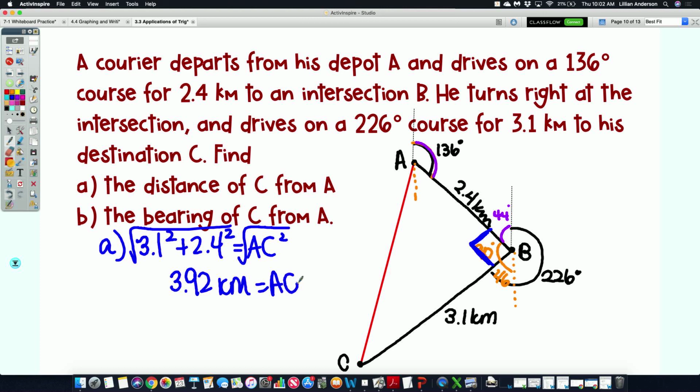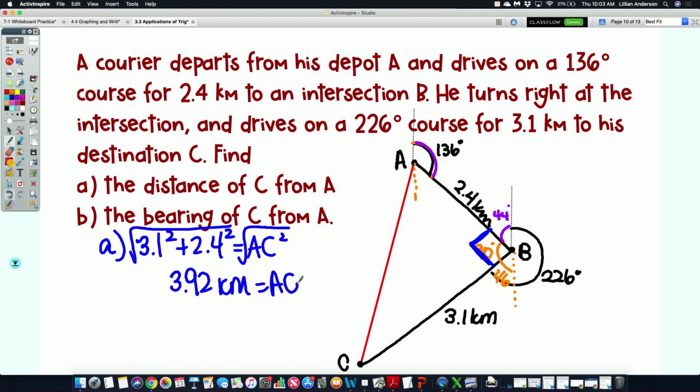Now that wording is very interesting because it does say of C from A. Wait, hold on. You want to be careful on which bearing you're trying to find.